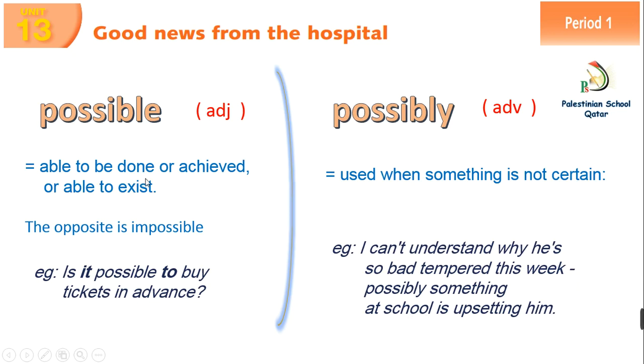Able to do or able to be done or achieved or able to exist. And the opposite is impossible. For example, is it possible to buy tickets in advance? Possibly, it is an adverb used when something is not certain. For example, I can't understand why he is so bad tempered this week. Possibly something at school is upsetting him.